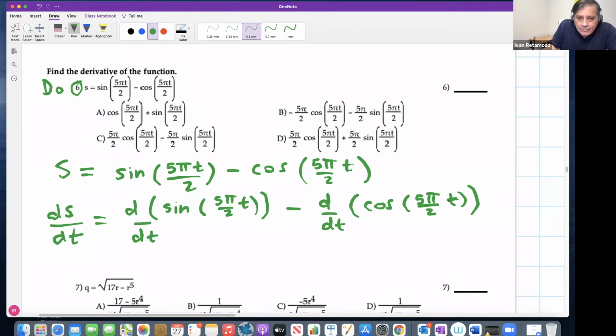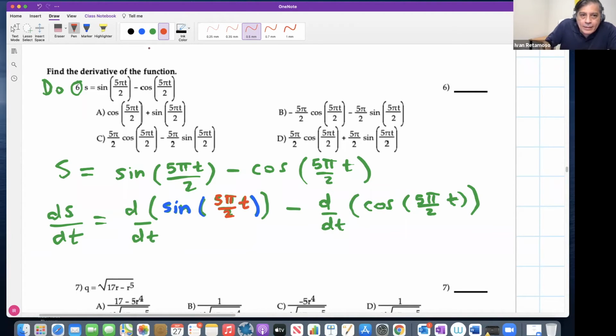We're going to identify clearly what's the inside function, what's the outside function. Look, this is your outside function. This is going to be your inside function. This is a constant, 5 pi over 2. Remember, constants just come out.